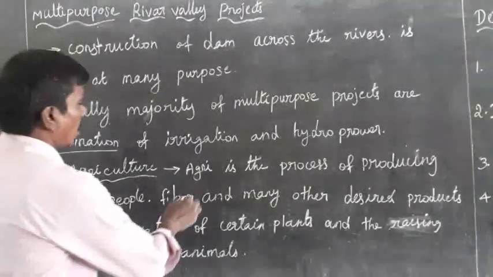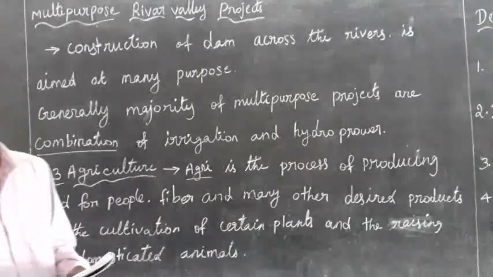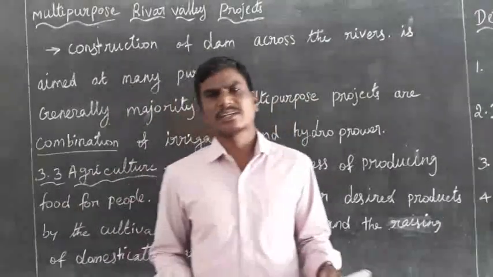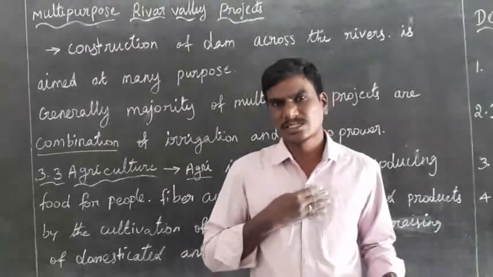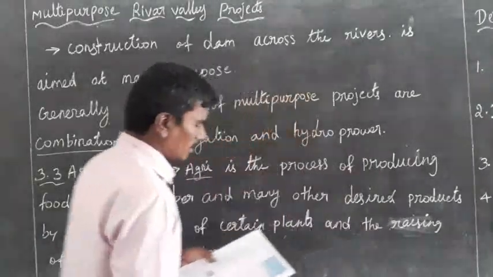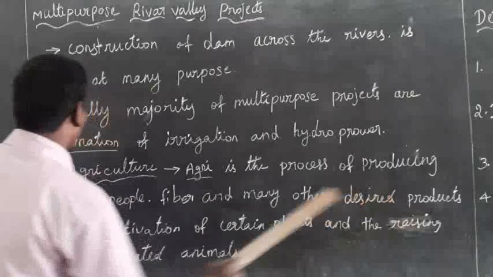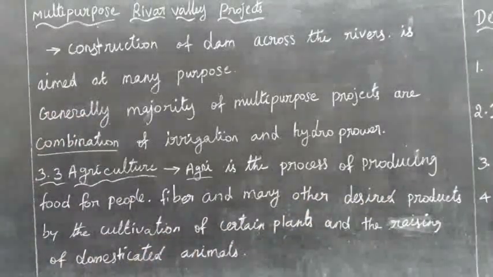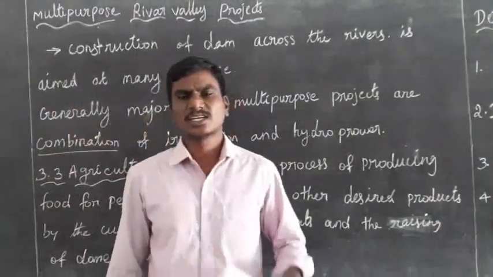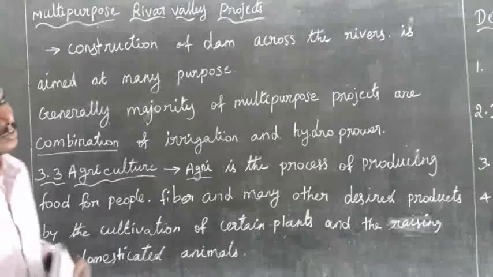Agriculture is the process of producing food for people, food for cattle, fibers and many other products by the cultivation of certain plants and the raising of domesticated animals.